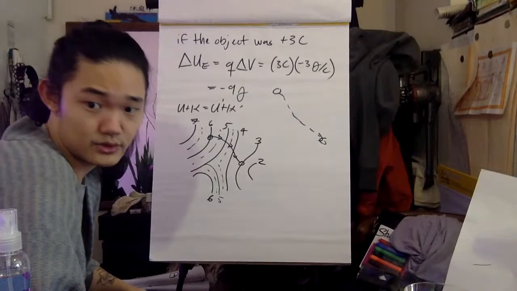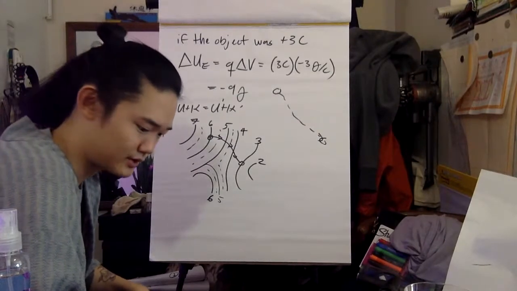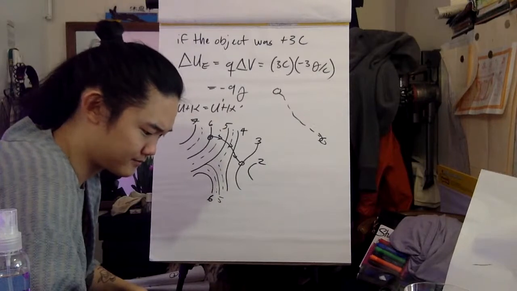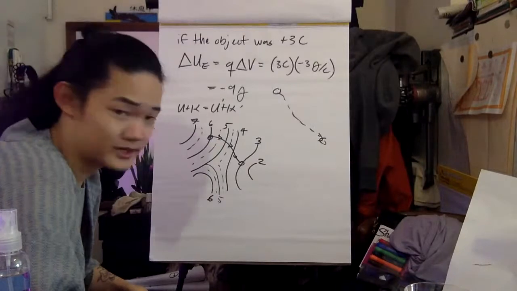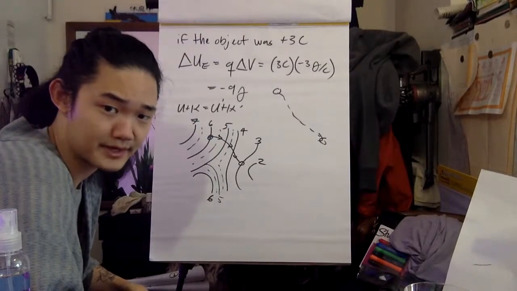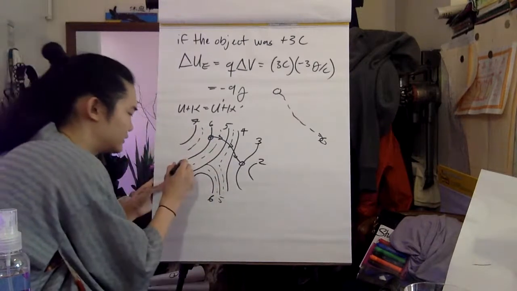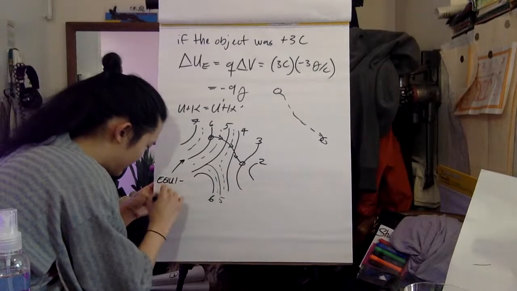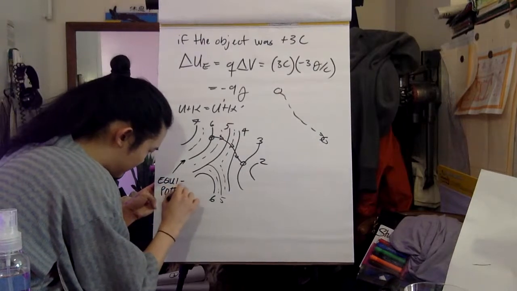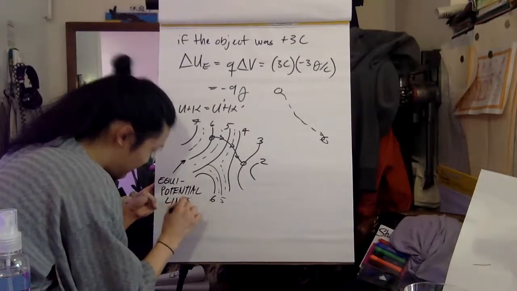Dimon, you can map electric field with electric potential. The electric field always points perpendicular to the potential lines. These are called equipotential lines.